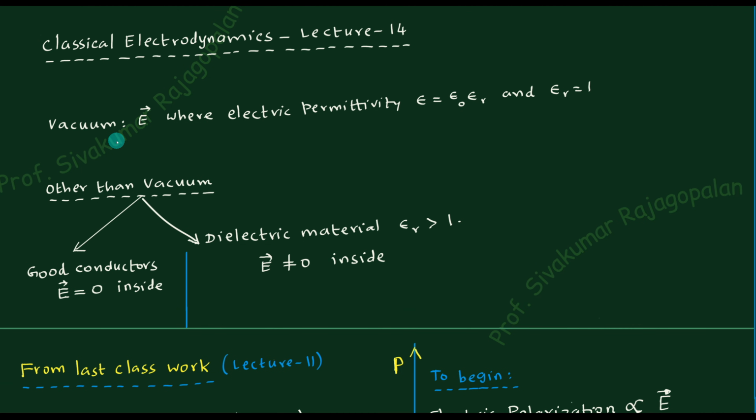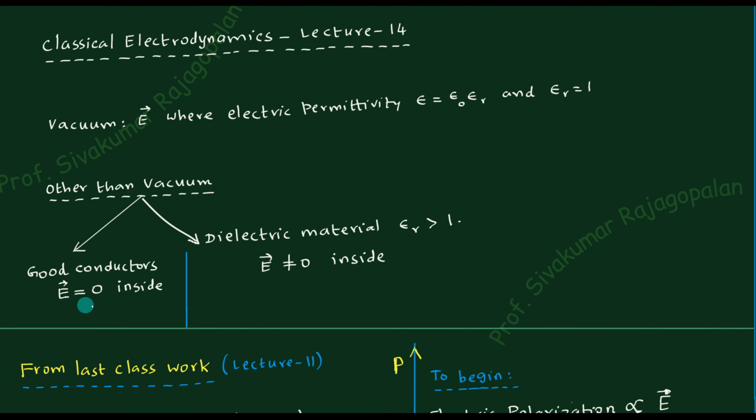When you start like this, the question comes: other than vacuum, what else do you have? We can have good conductors, or we can have electrically insulating materials. That is the broad classification, without going into special classification, where you can have good conductors of electricity and then the insulating case.